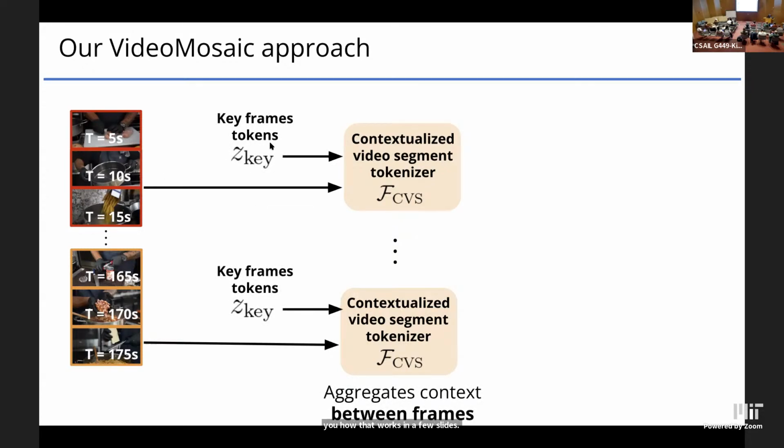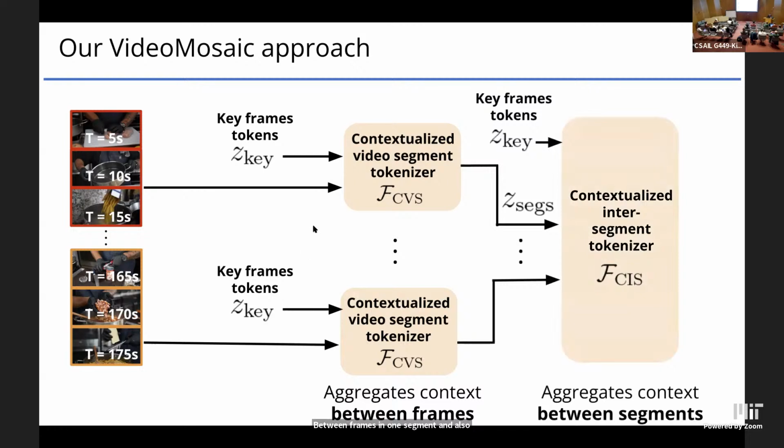This contextualized tokenizer also gets keyframe tokens from the global context. So it knows the local information, and also knows the global information. Each of these aggregates context between frames in one segment and also gets the global context. Then for all the segments, we take the outputs of the contextualized tokenizers, plus again the global keyframe Z key.